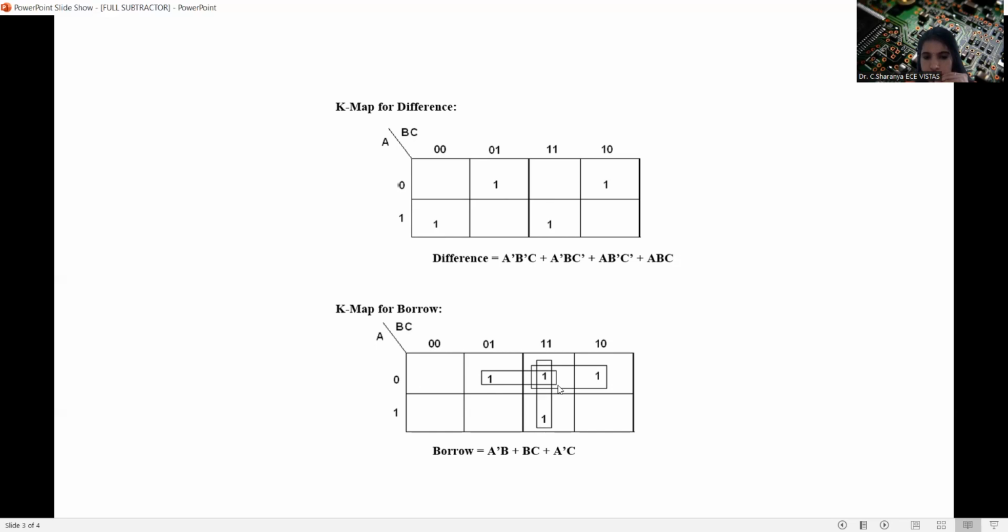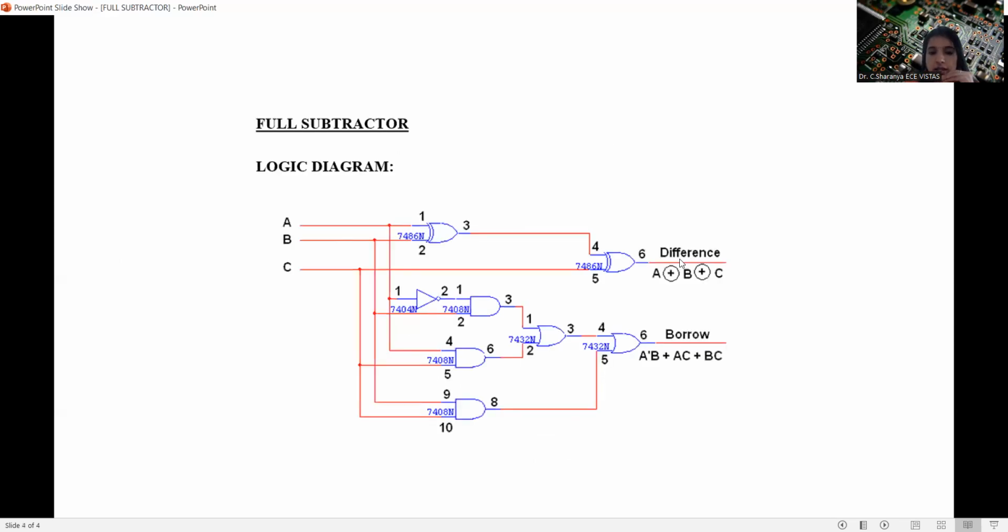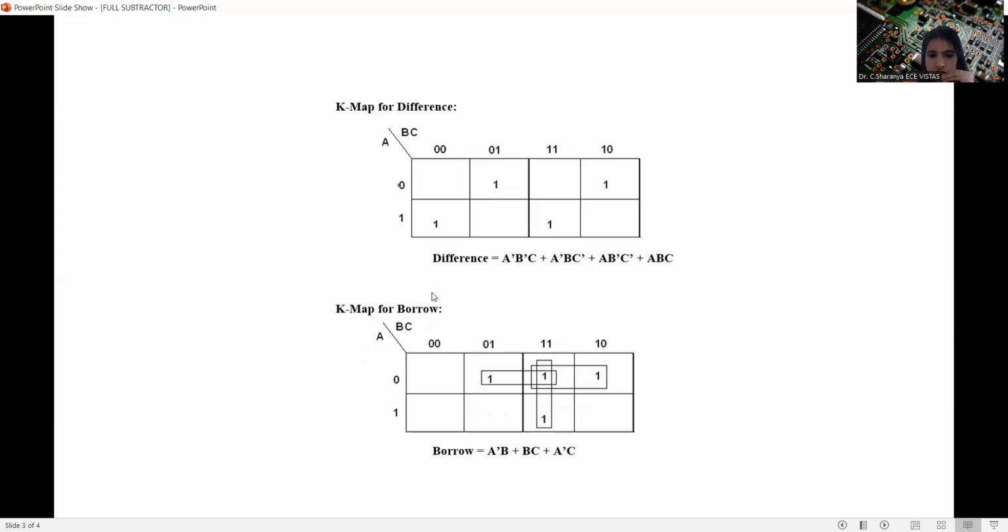After simplification, for this we will get A bar C, for this we will get BC, and for this we will get A bar B. So hence we have got the answer, A bar B plus BC plus A bar C. After simplification of the difference term, we all know that we will get the difference equal to A XOR B XOR C, after taking the common parts and then grouping all the remaining parts.